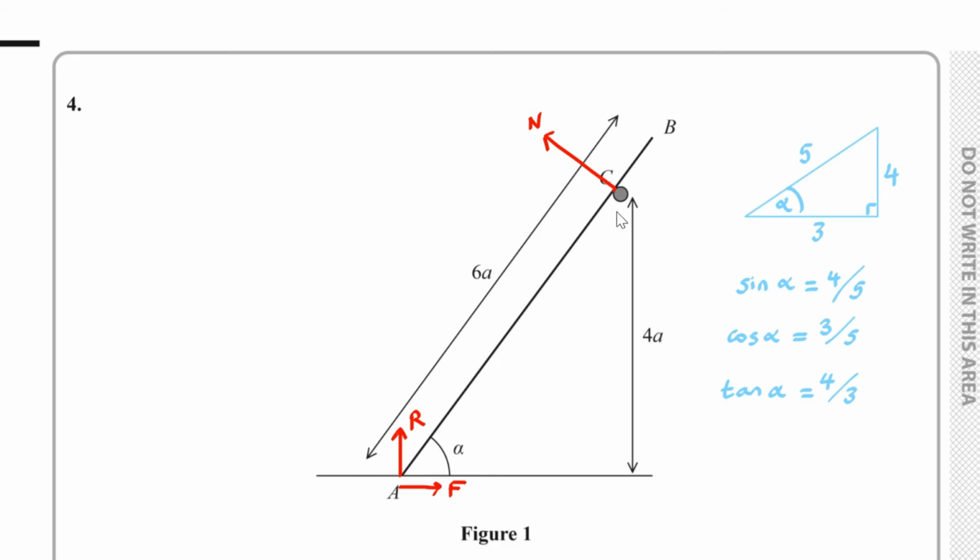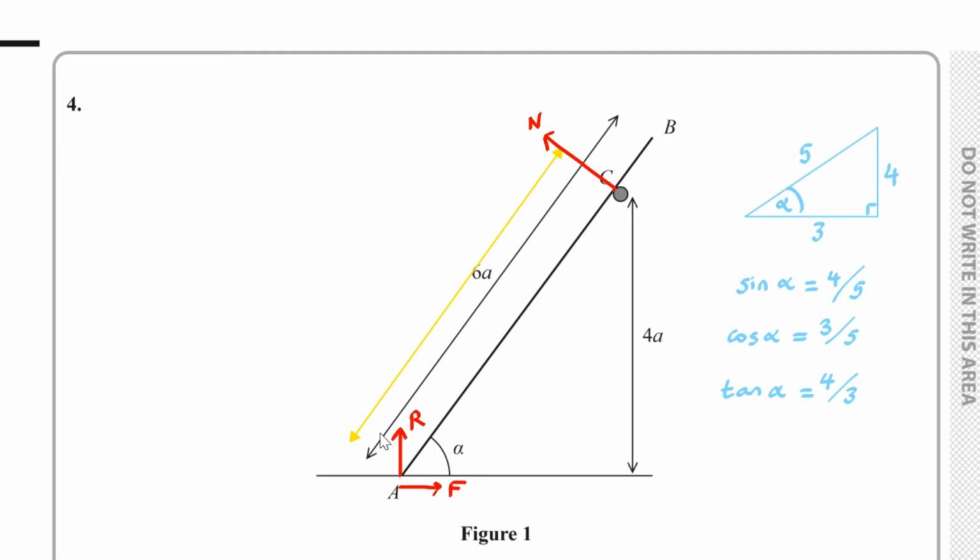And we've got the length of AB, that's 6a. Now the length from A to C, we can also figure out. That length we can work out using trigonometry. So this length over here, well, here we've got 4a, which is the opposite to the angle.